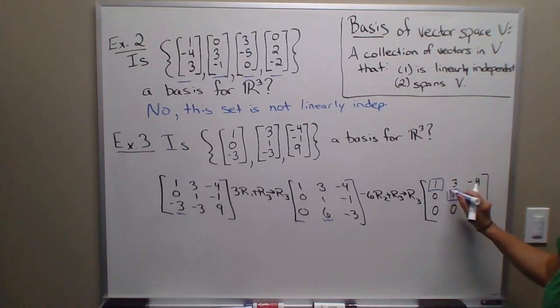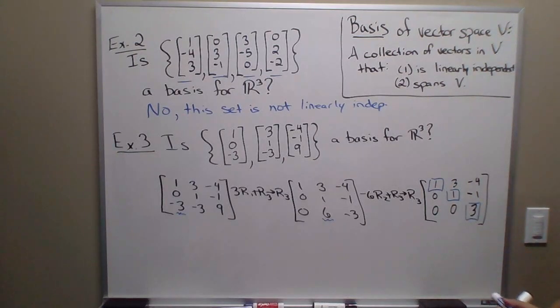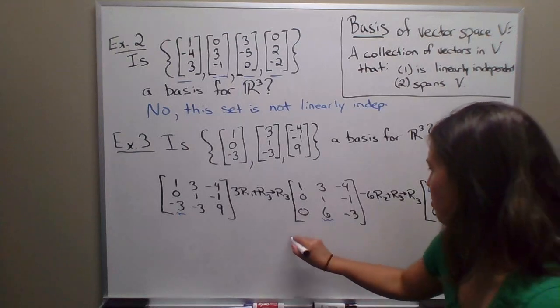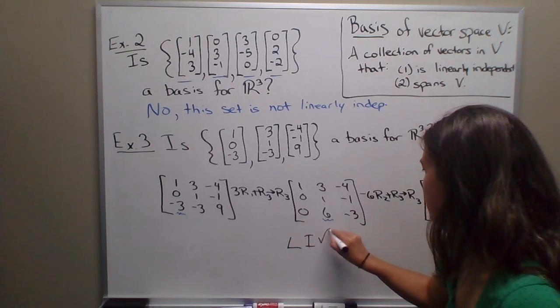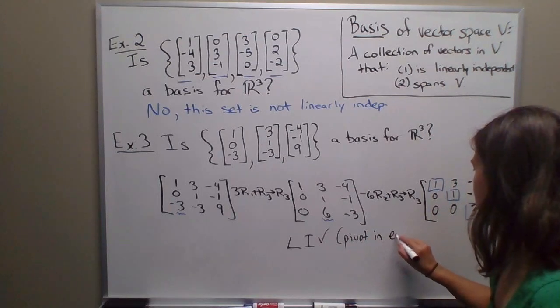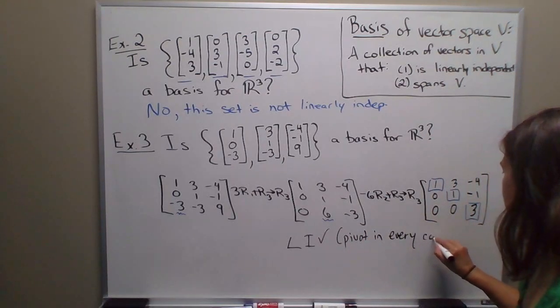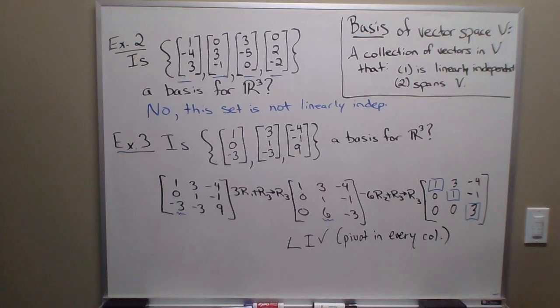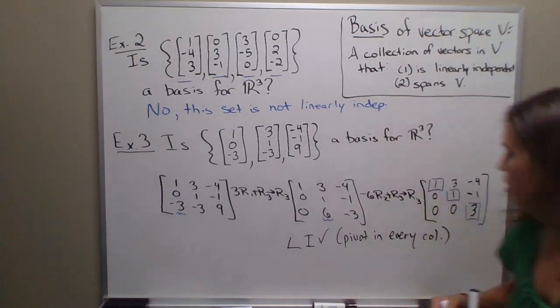Here are the pivots. The fact that there is a pivot in every column tells me that the vectors are linearly independent. So I'm just going to put linearly independent, check, because there's a pivot in every column. Remember how that ties into the definition of linear independence.